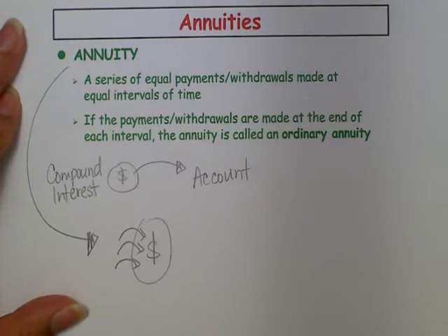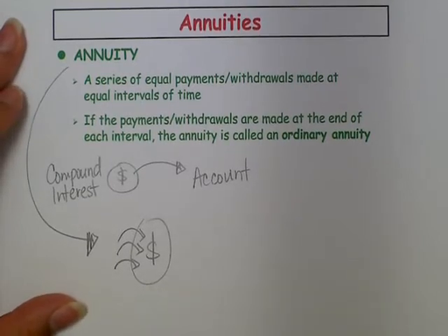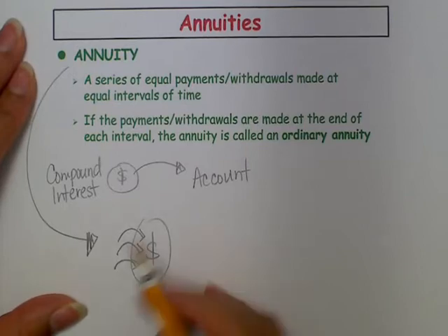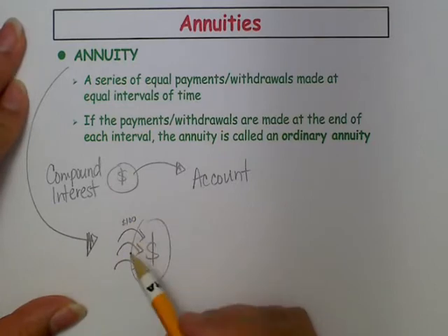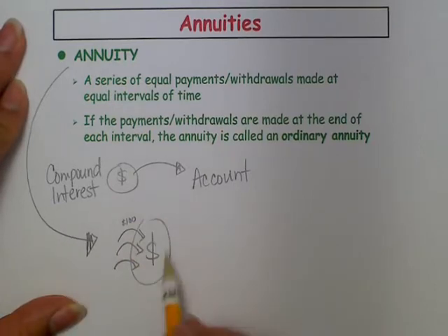For example, when I get paid bi-weekly, I save a couple hundred dollars from the check I get. Let's say I save $100 every other week, so every paycheck I put $100 into an account. This is an example of an annuity.